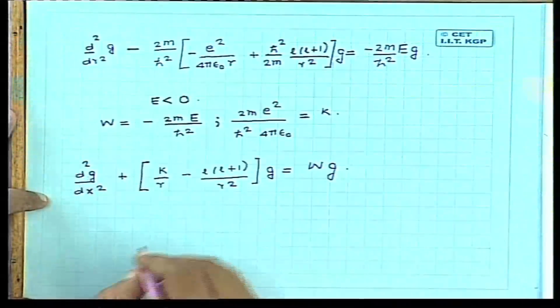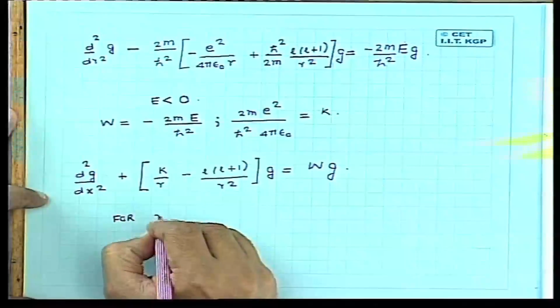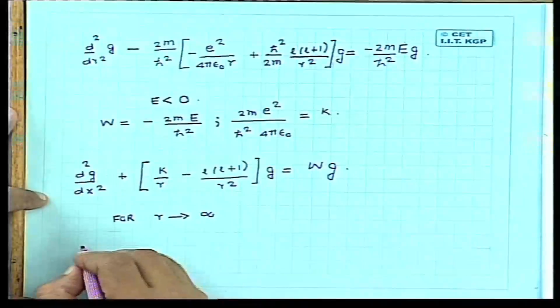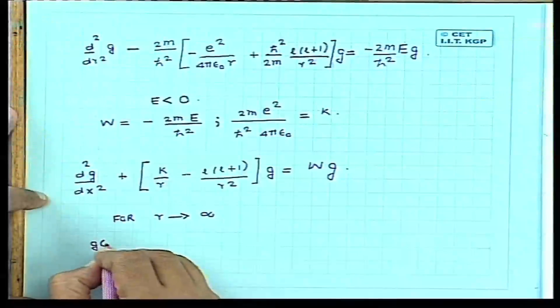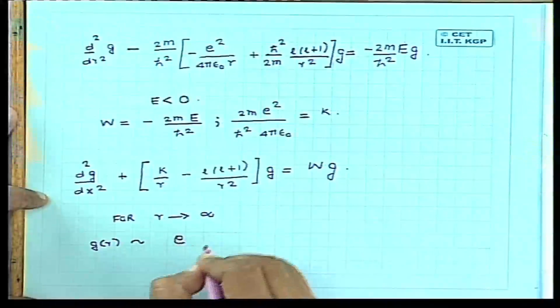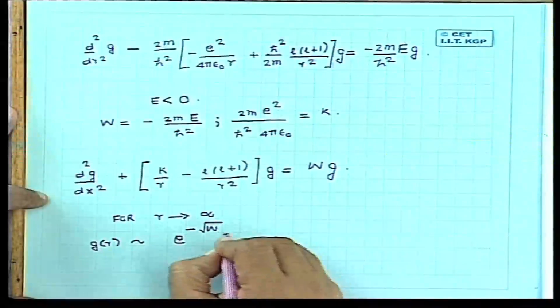Asymptotically, for r going to infinity, the solution g of r will be proportional to e to the power minus square root of W into r.